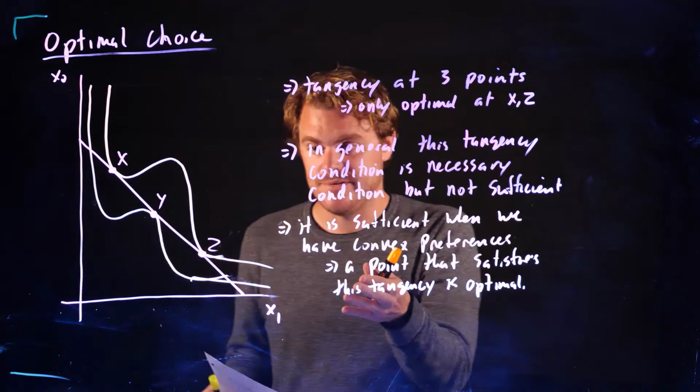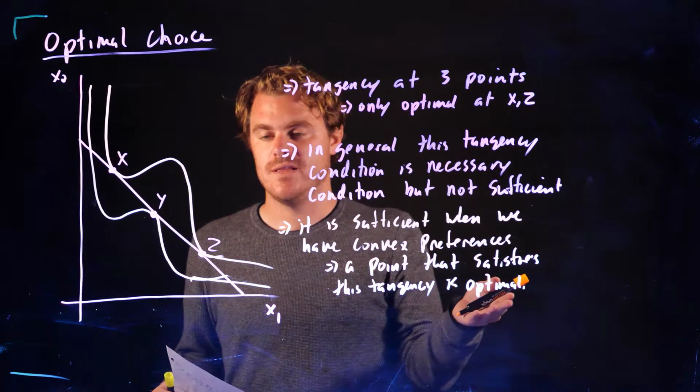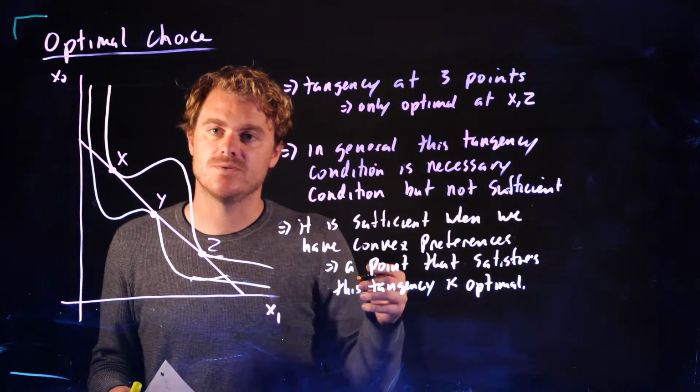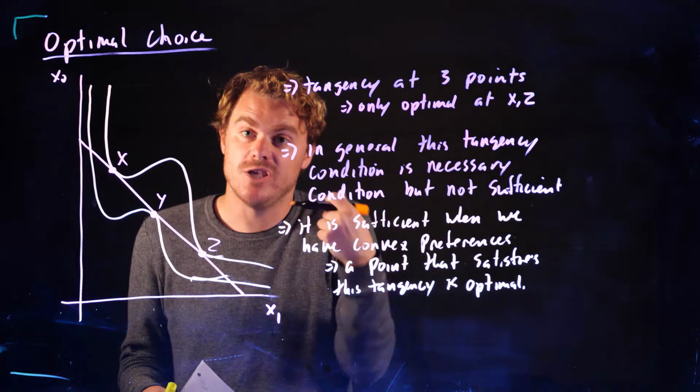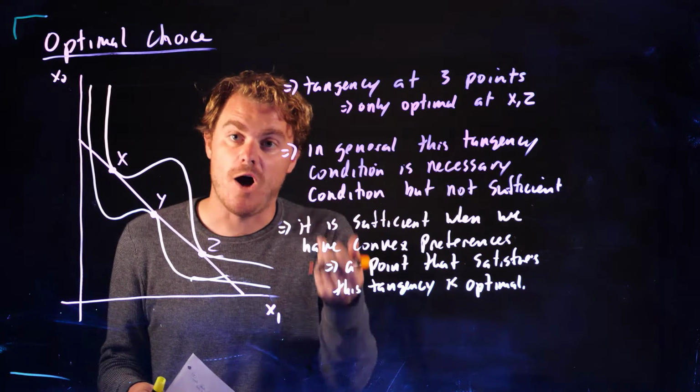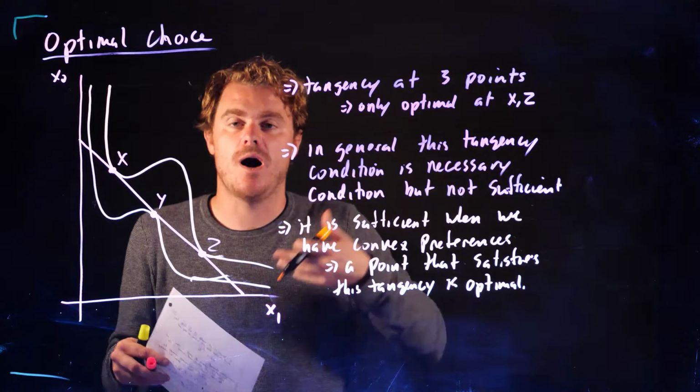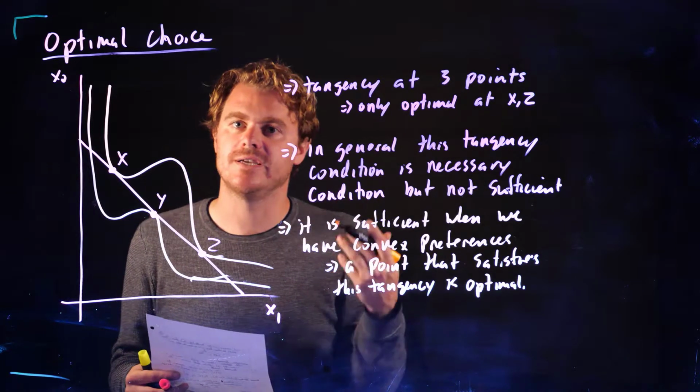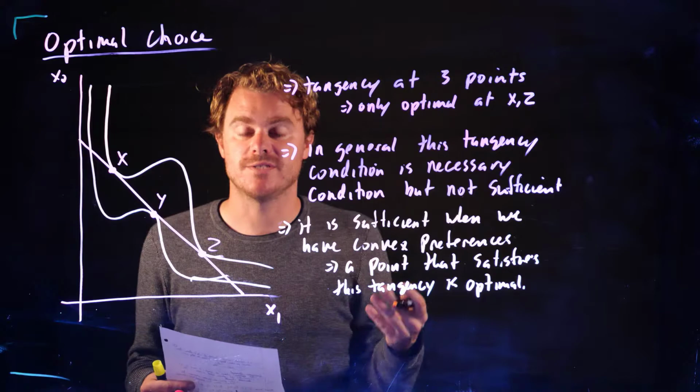And if we had strictly convex preferences, then we can rule out certain cases, and we basically have a unique optimal bundle. So there are not multiple optimal bundles. Like here, we have strictly convex preferences.